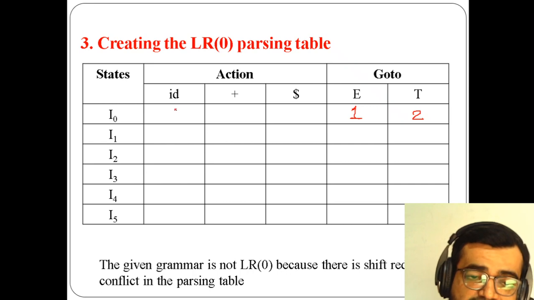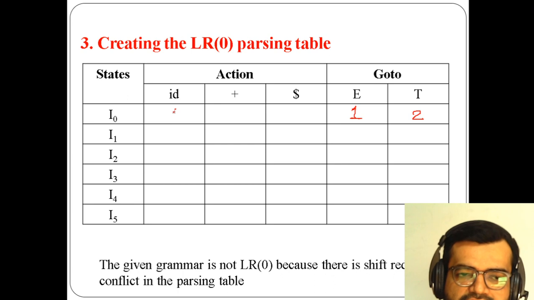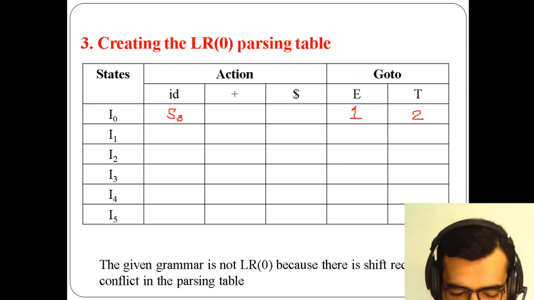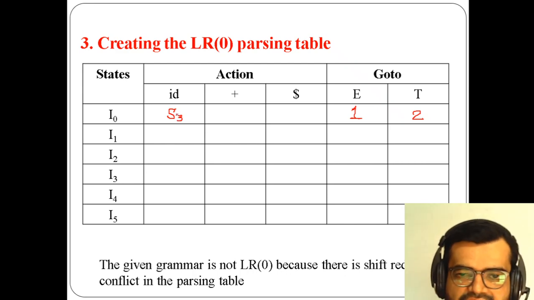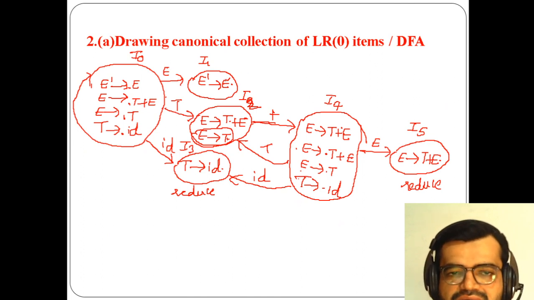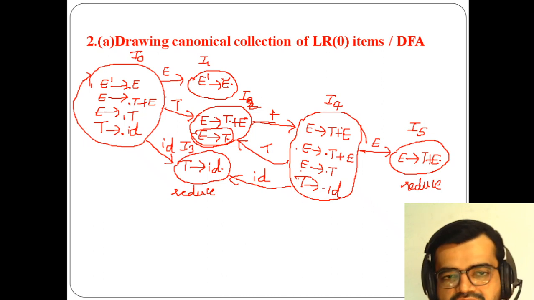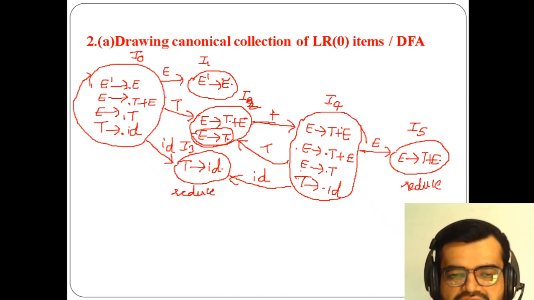Instead of writing 3, I am writing S3 here, because it is performing shift and moving to the third state. Now I0 has been completed. Next comes I1. Nothing is there in I1, because this is the final one but not the actual one, so we leave it, as it will not be used for reduce action.